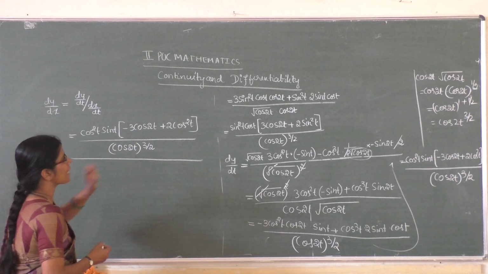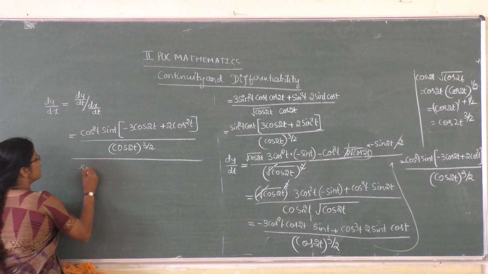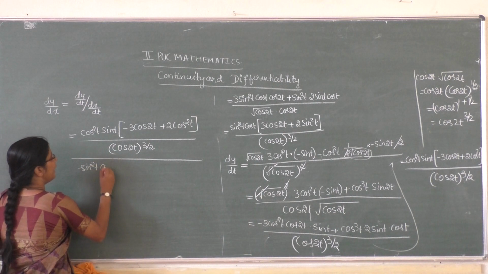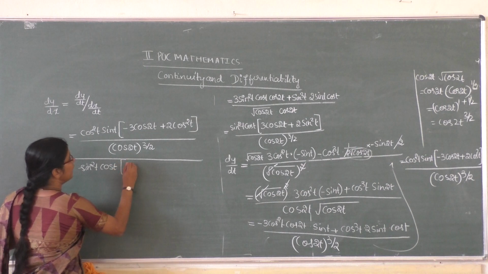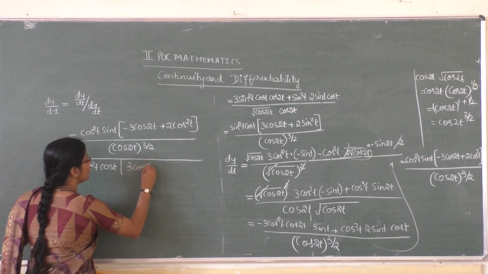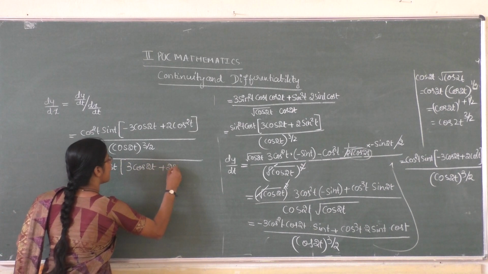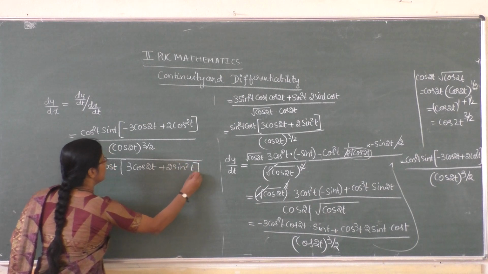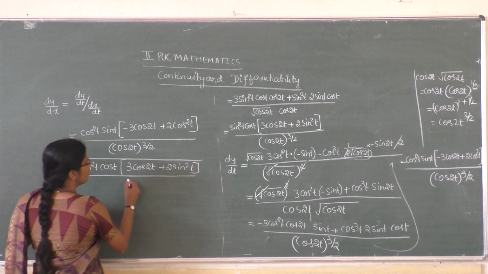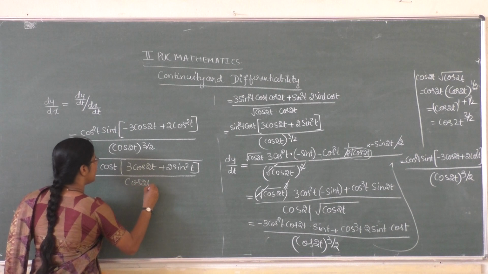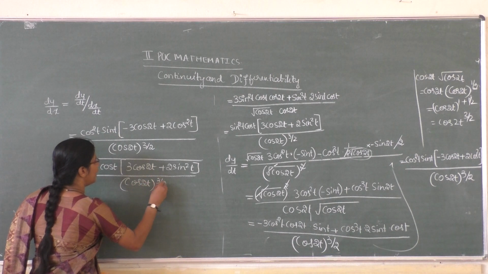Then what is dx by dt? That is sin square t into cos t into 3 cos 2t plus 2 sin square t, divided by cos 2t to the power 3 by 2.